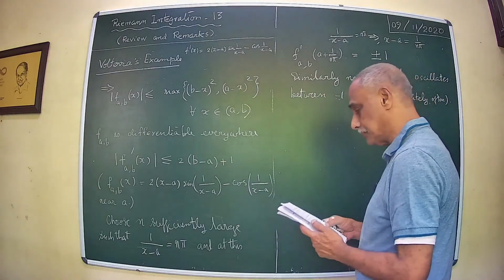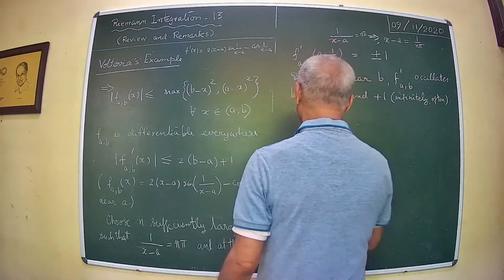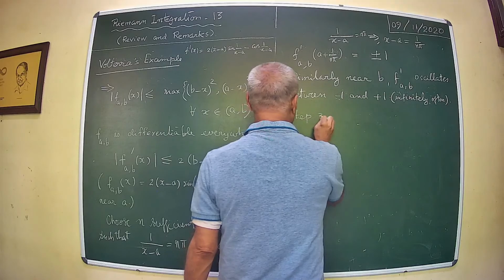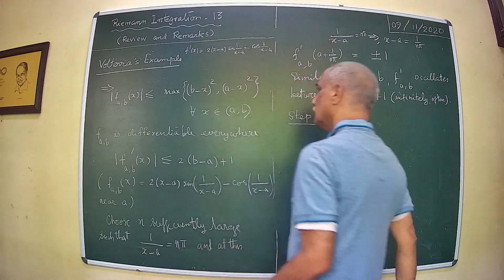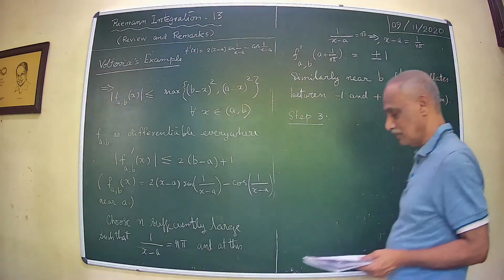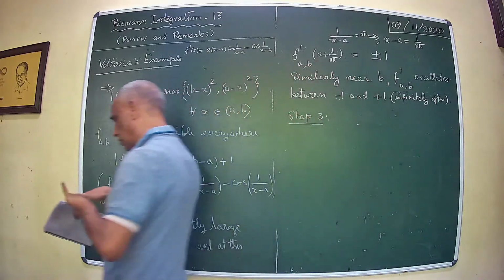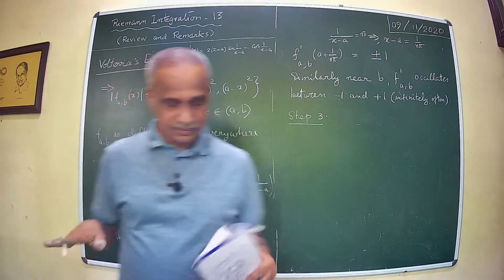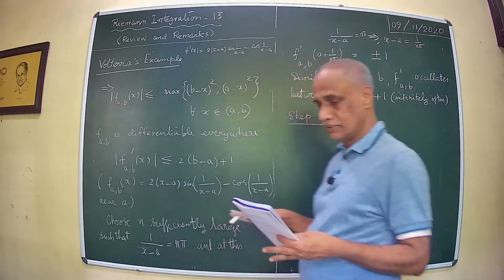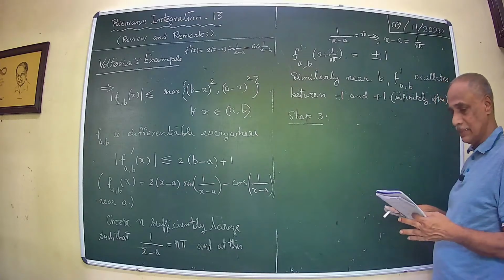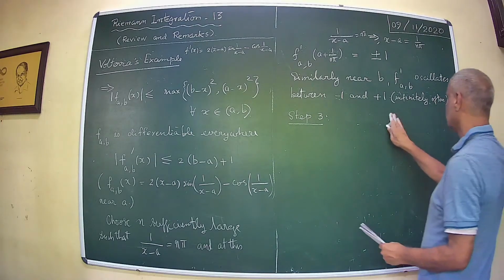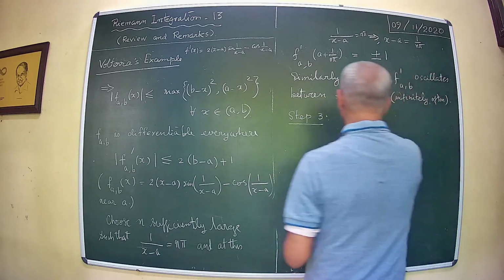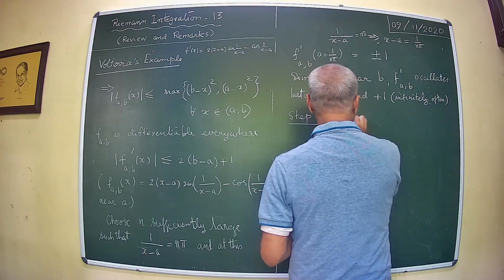Now in step 3 we are recalling the characteristic. Our strategy is the following. We are taking the interval 0, 1. This is a general construction that we are going to use. The actual construction is on the interval 0, 1.